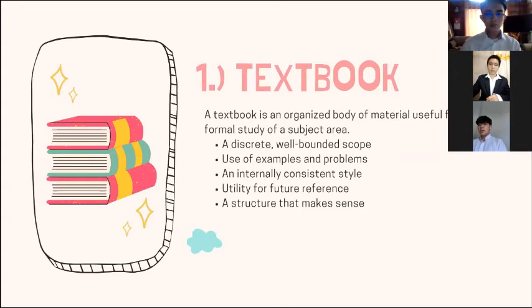An internally consistent style. So it means it does not change style. It guides students to better comprehension and engagement with text. Textbooks often aim to evoke emotions or ideas that require input from readers' own experiences for comprehension to take place.